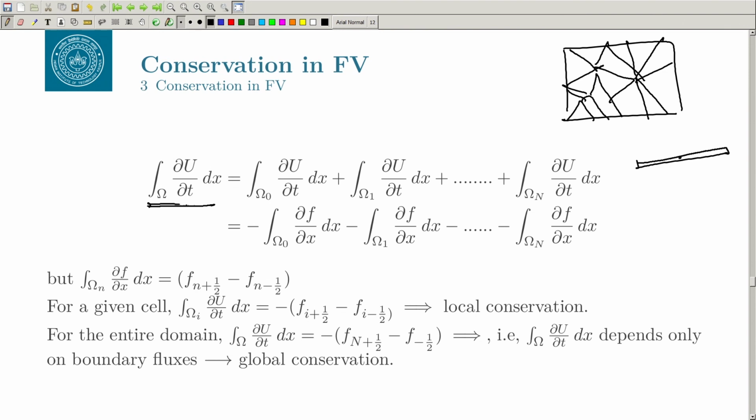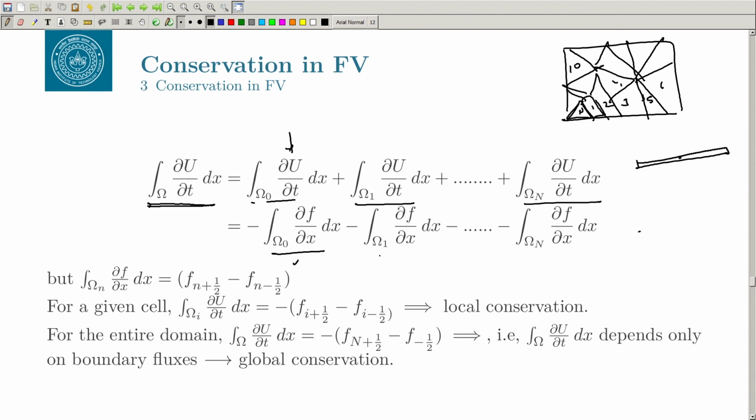But let us say you are calculating this du by dt dx and you have 0, 1, 2, 3, 4, 5, 6, let us say 10 elements. So, you can consider it across each of the volumes and sum it up, and you can see that across each volume you can write del u by del t dx as del f by del x dx.